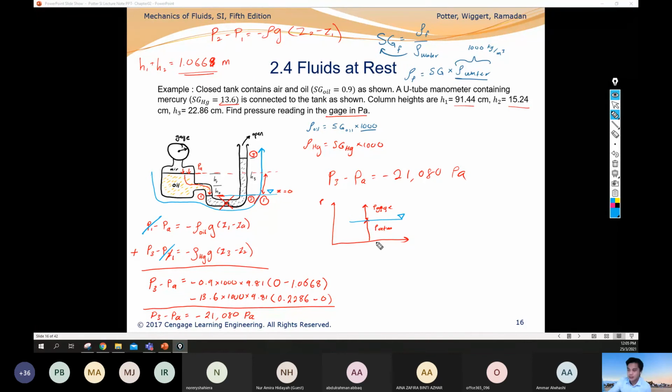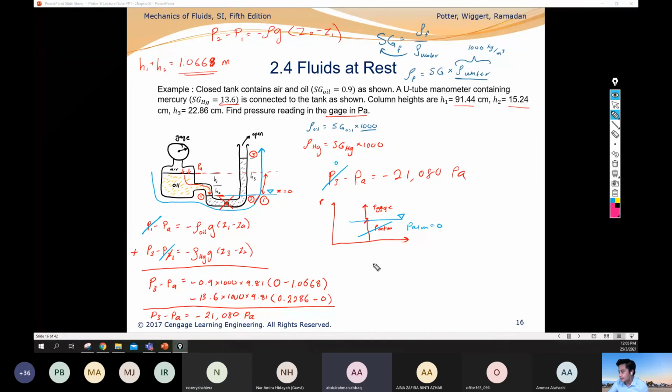So what do you think of PATM? 0. Can cancel it out. Yeah, PATM equals 0. So P3 is a PATM? Yes, cancel out, equal to 0.